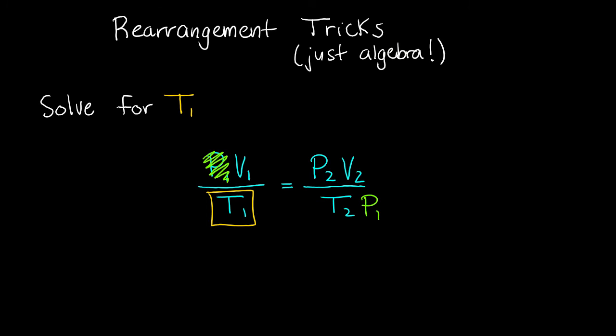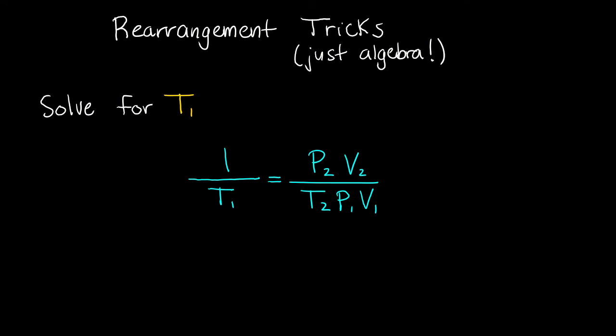The same thing will happen to V1. Multiplying both sides by the inverse of V1, or dividing both sides by V1, we'll put V1 on the bottom on the right. Now I'm going to rewrite it to clean it up just a little bit.